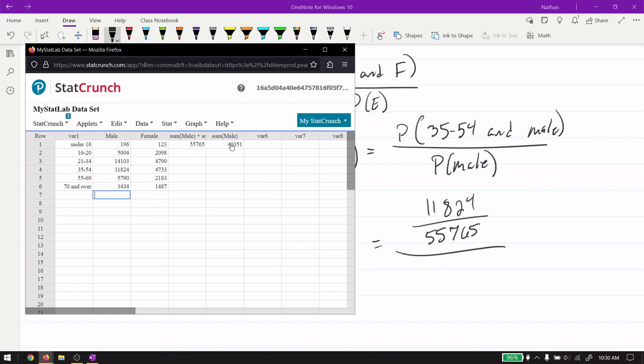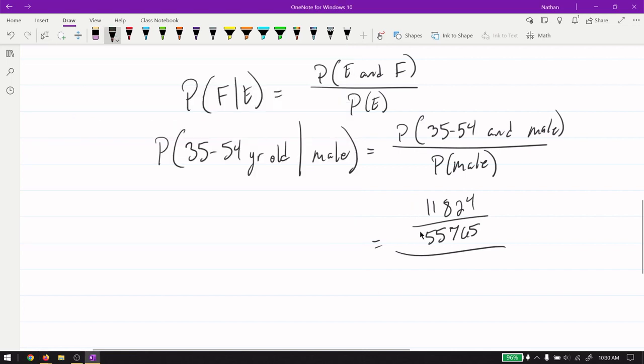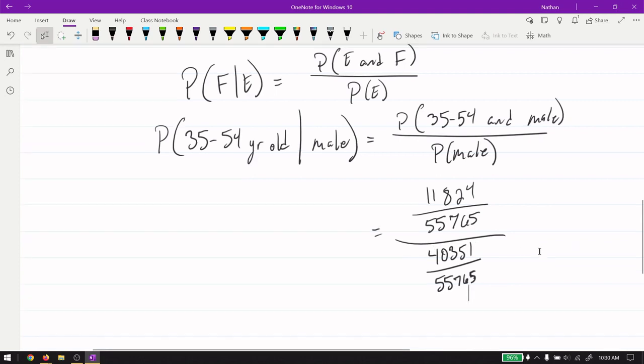There's 40,351 values in there. So the probability that is male is going to be this number divided by the total number, because you're always doing probability, right? It's just the number of desired outcomes over total outcomes possible.